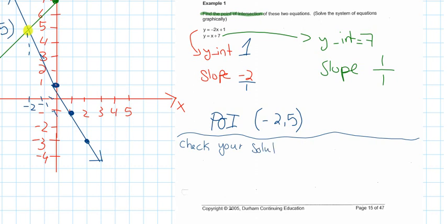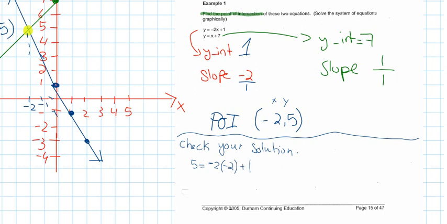So you're going to plug in. Remember, your point of intersection is x and y. You plug in the x value for x, and you plug in the y value for y. So this is what I get. 5 equals -2, instead of x, I'm going to replace that with -2, and plus 1.